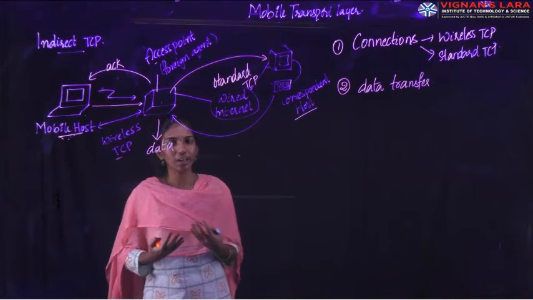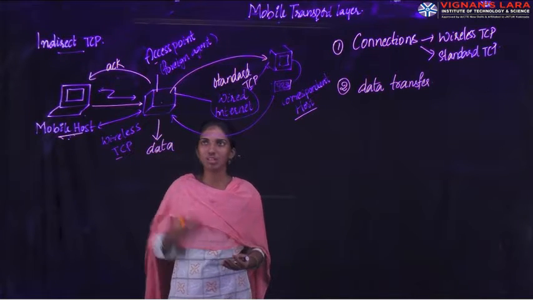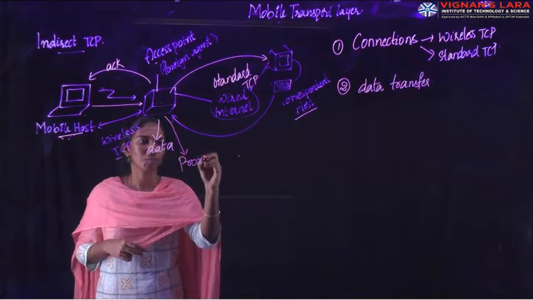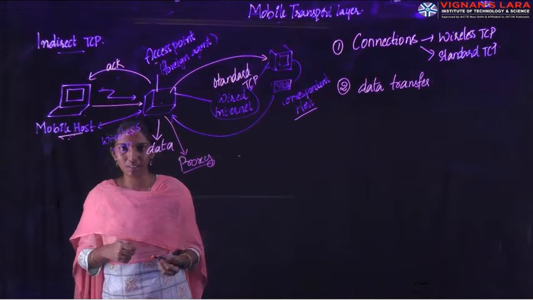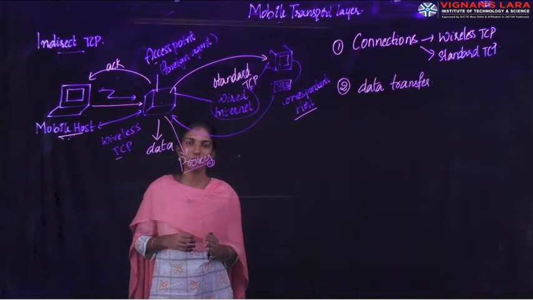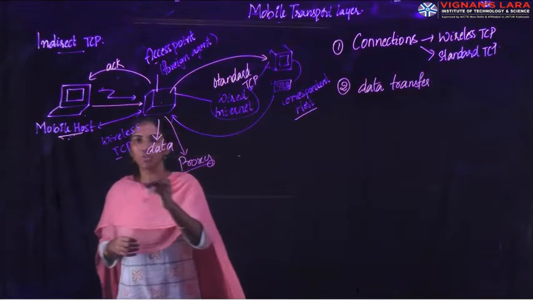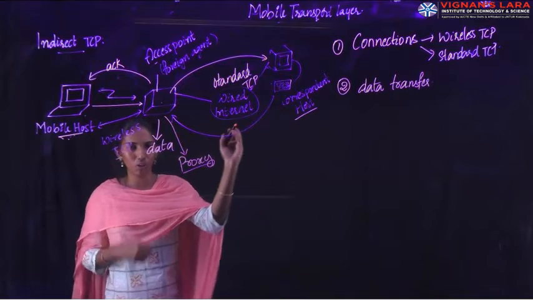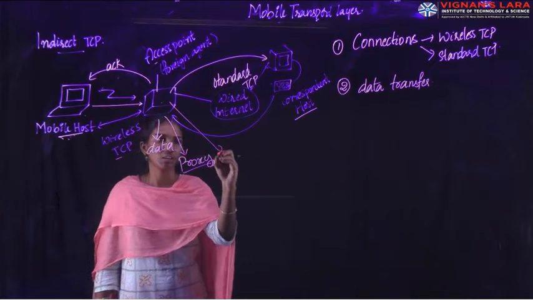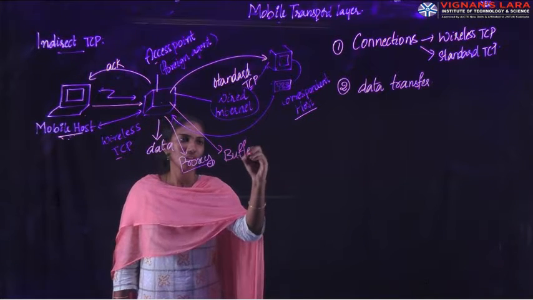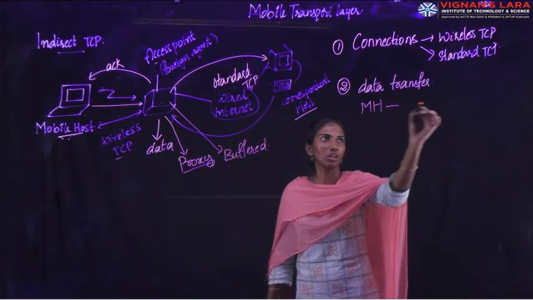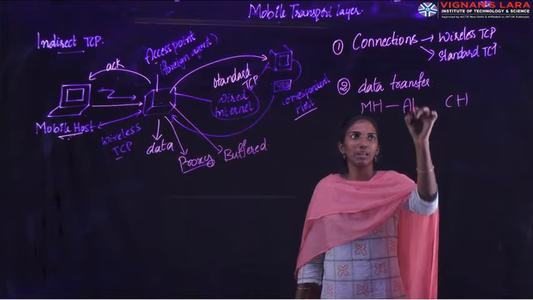Being an indirect TCP, having two connections, this access point is going to act as a proxy. Proxy means it is going to provide you some security, and this proxy will be used for data transfer. When the mobile host wants to send some data to the correspondent host, the data will be buffered at the access point.